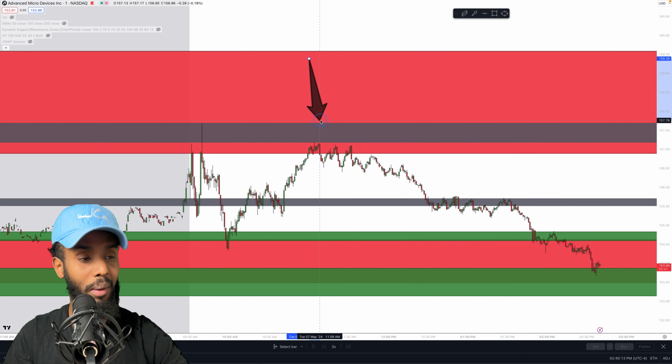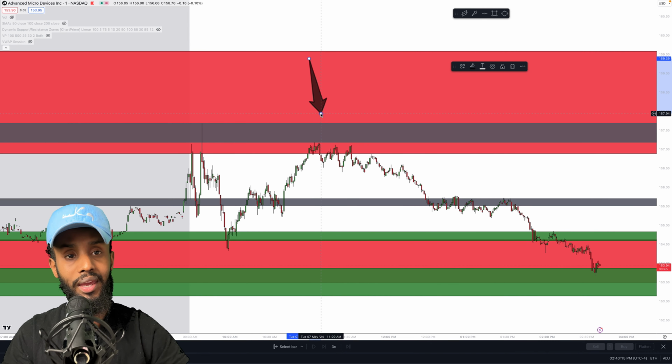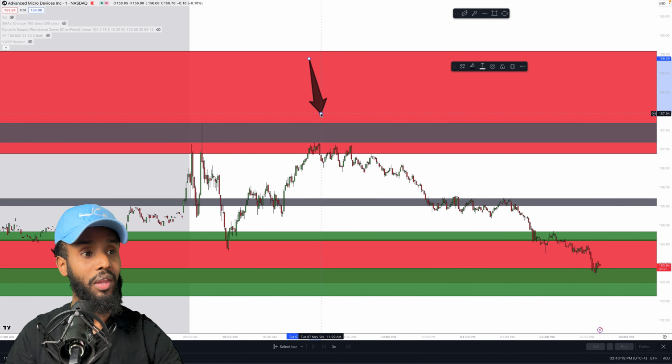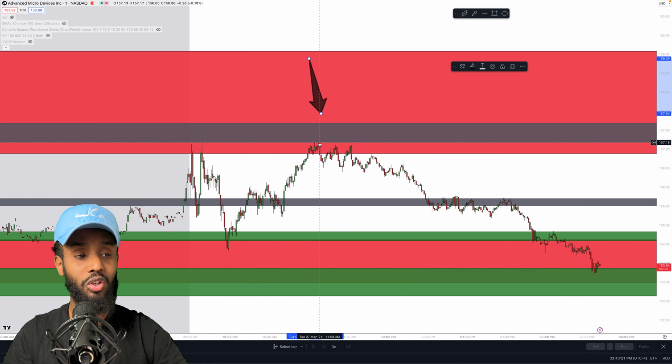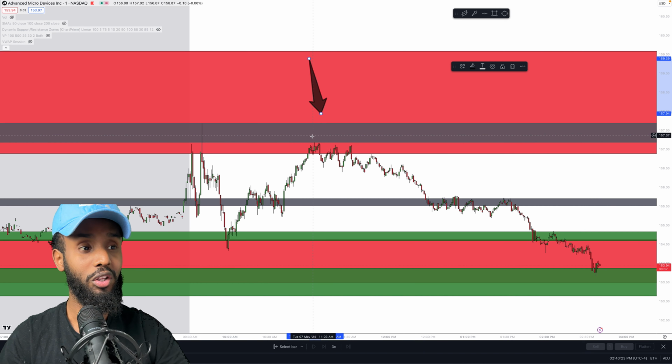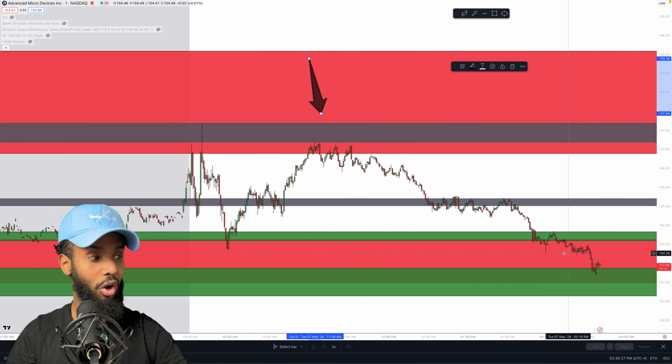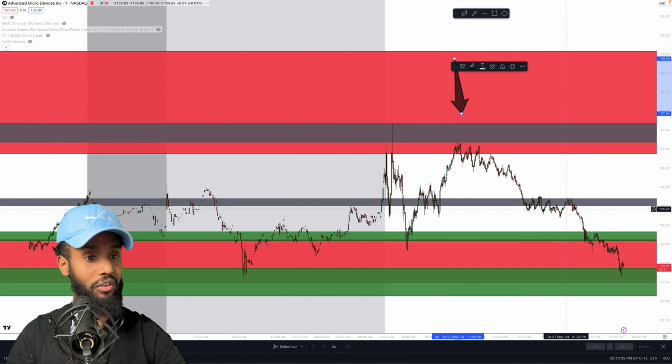If we get above this level, that tells me those buyers are strong and I need to get out of this. But if those sellers are continuing to push down at this level, then we can get back all the way down here to 154.